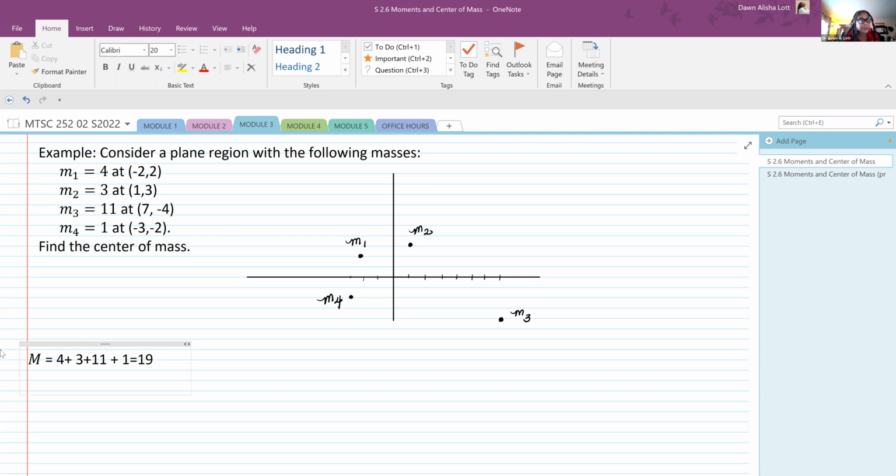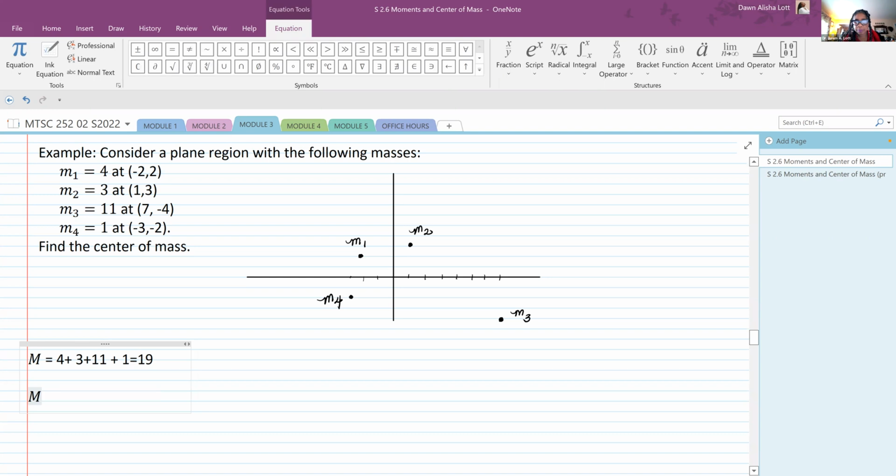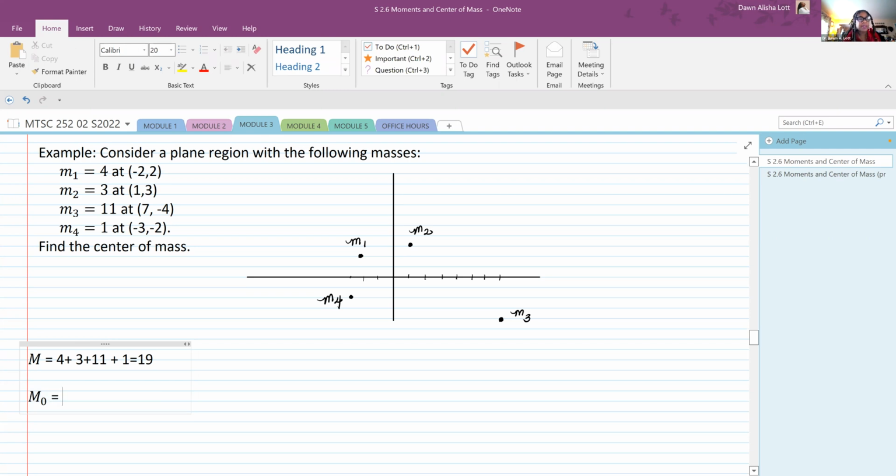Now, in order to compute M naught, this has to sum up the masses times the y. I'm sorry, this is supposed to be Mx. I'm so used to doing M naught. Okay, so this is the masses times the y values.